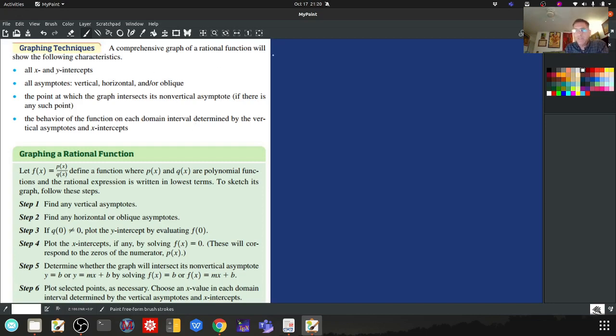So this is 5. You're going to see this one. And that's it. So f of x is equal to x plus 1 over 2x squared plus 5x minus 3. So let's find all of the x-intercepts and the y-intercepts.